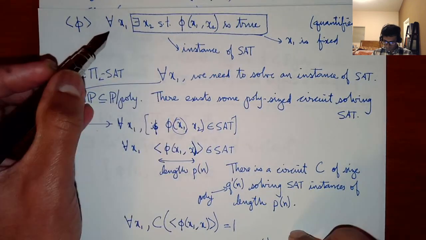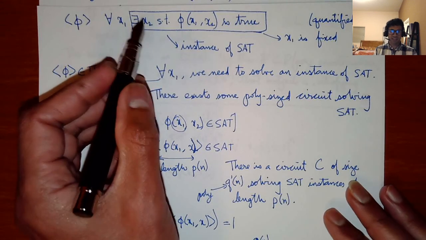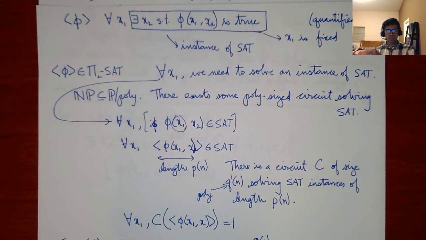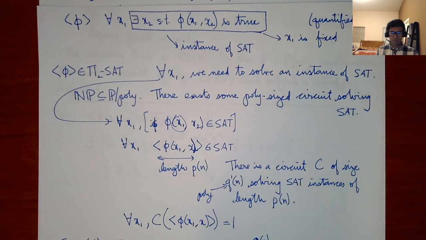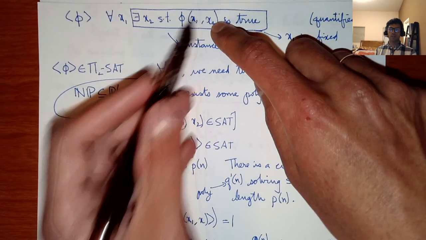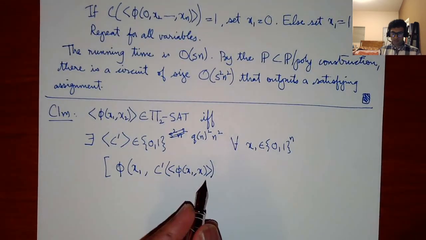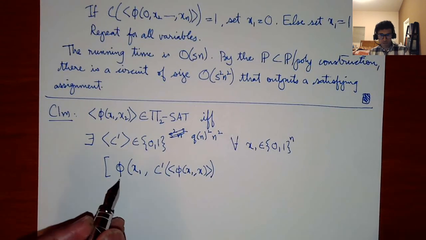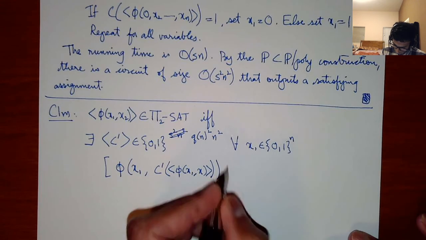The for all part is whatever we had before. The there exists part is the satisfying assignment for this SAT instance. So we're going to use the circuit C prime to compute that satisfying input, and we're just going to plug that satisfying input into x2. So the second argument is whatever C prime outputs on the encoding of phi itself, phi with x1 fixed. And so this is true.